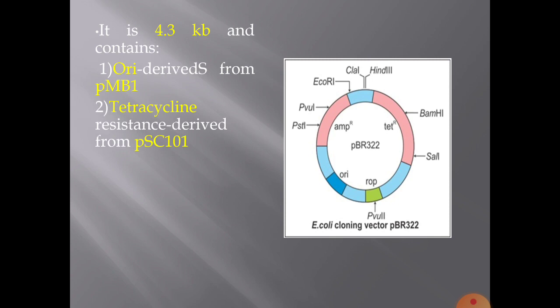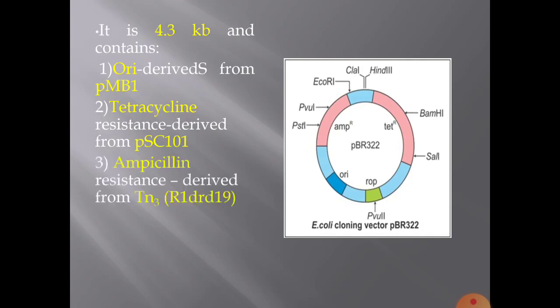Students, I have already told you none of the vectors exist naturally. You have to pick up different elements from different sources and design the vector of your choice. So ORI is derived from pMB1. Then tetracycline resistance is derived from pSC101. Then the ampicillin resistance gene, which is right opposite to the tetracycline resistance gene, is derived from Tn3.